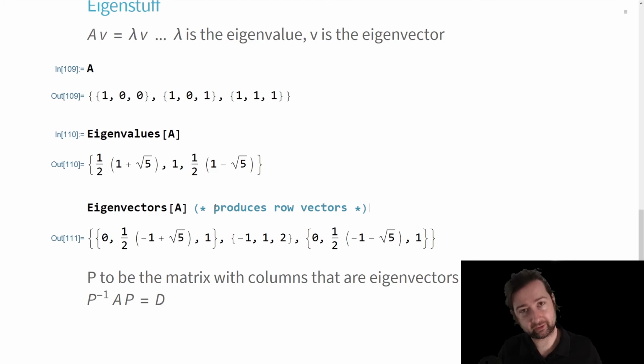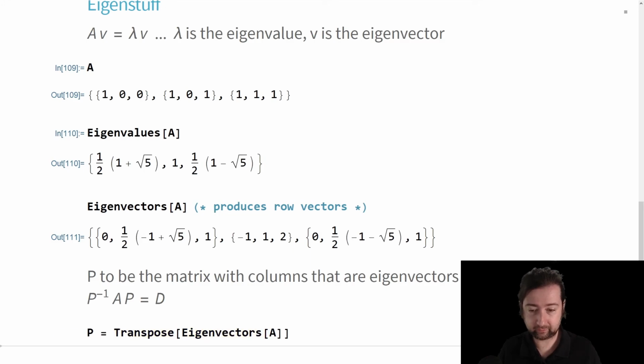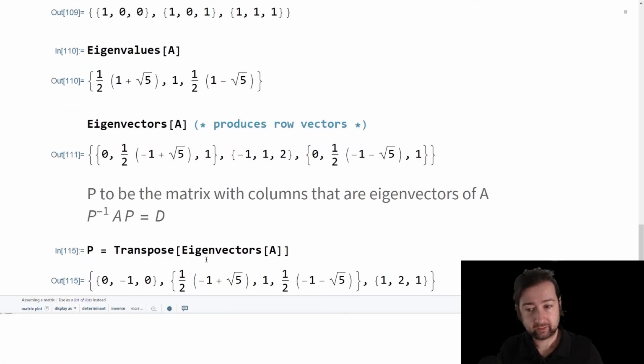So if I want to test this computation, I have to make sure that I'm working with the transpose of that. So let's define the matrix P to be equal to the transpose of the eigenvectors of A. So that has moved the eigenvectors into the columns of P instead of the rows of P.